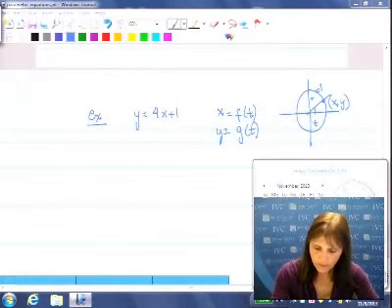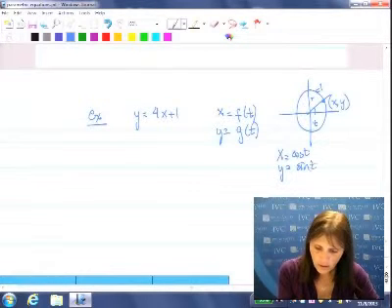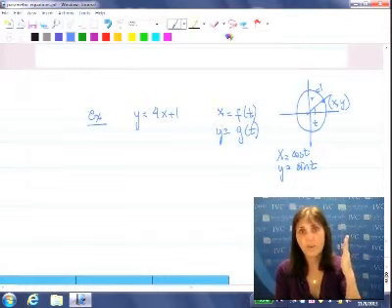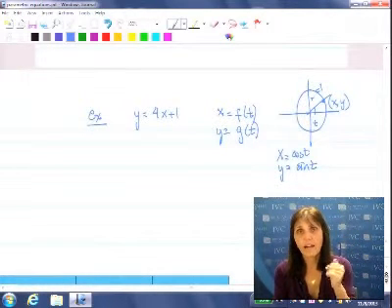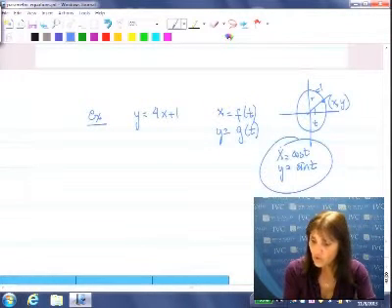X equals cosine of t, and y equals sine of t. Because adjacent over hypotenuse, hypotenuse being 1, and then opposite over hypotenuse. So I have this, and I can just start with that.